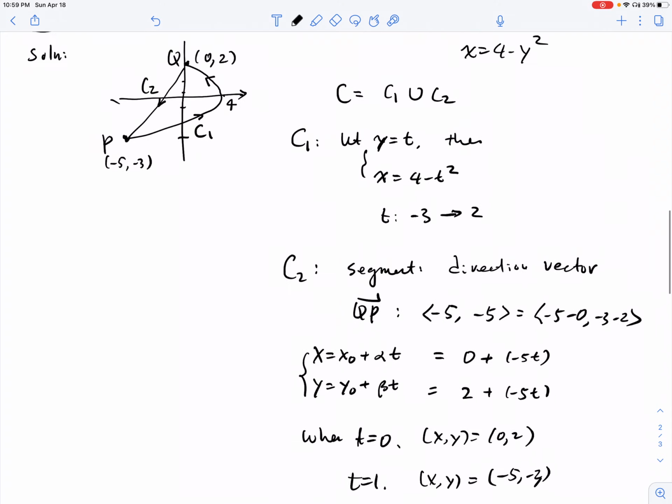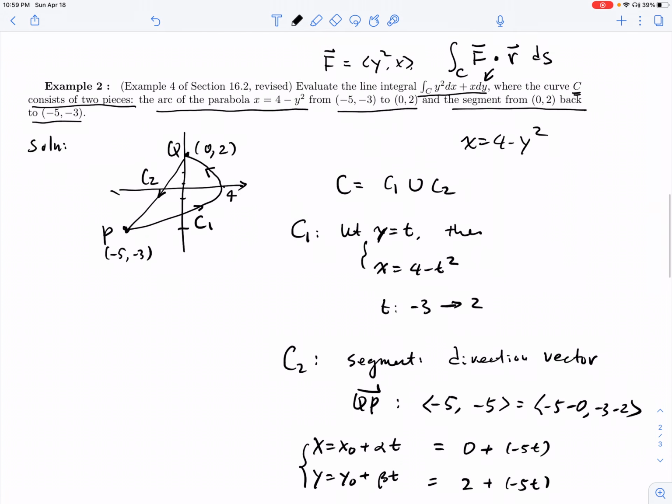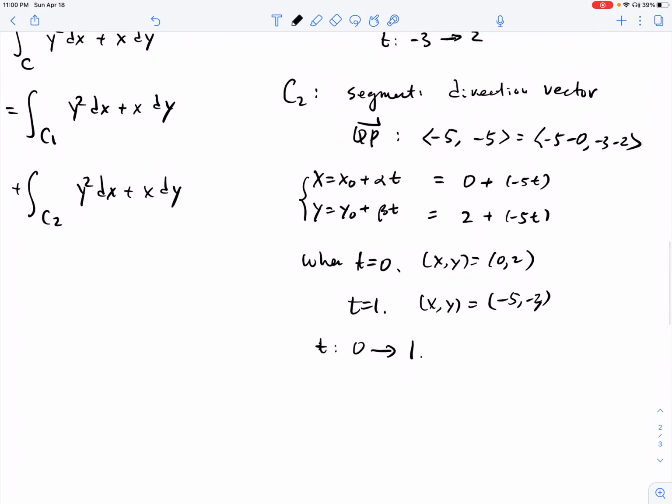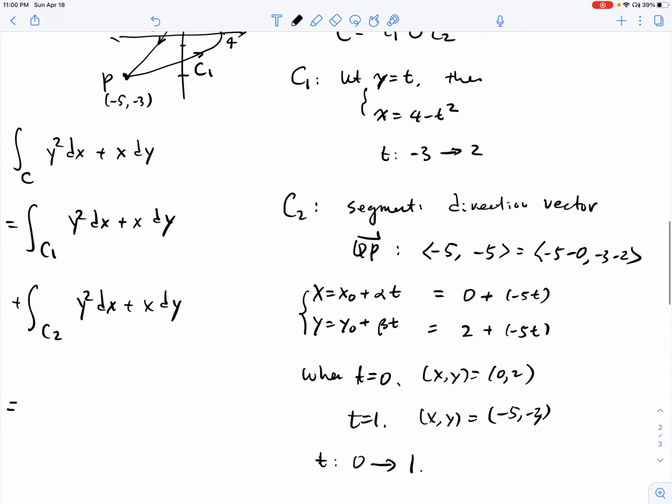Okay, so now we can actually calculate this integral. It's additive, so we have really two line integrals over here. This is going to be the integral over C1 of y squared dx plus x dy, plus the integral over C2 of y squared dx plus x dy. And now we're going to change them into definite integrals. For C1, t is from negative 3 to 2.